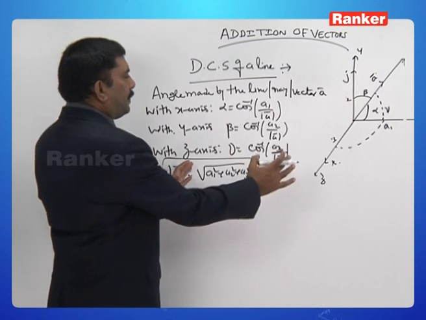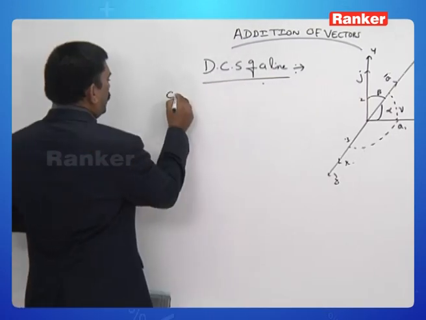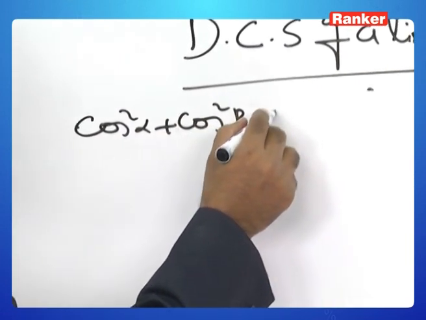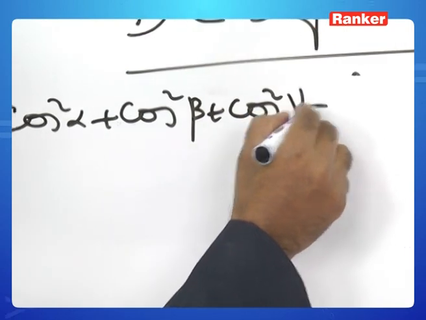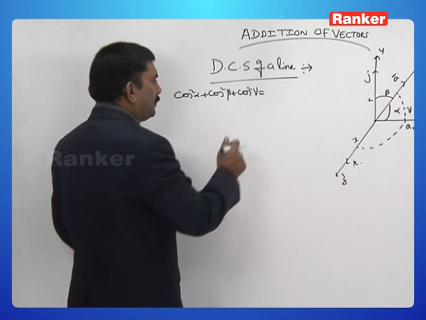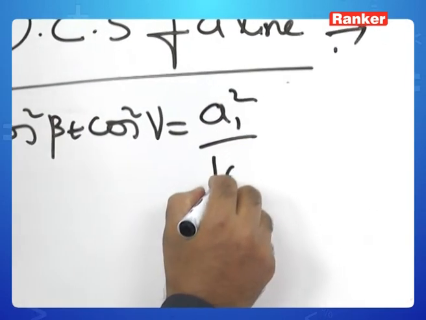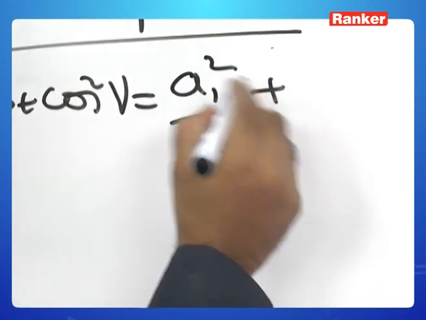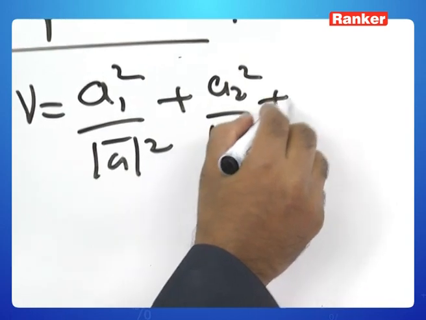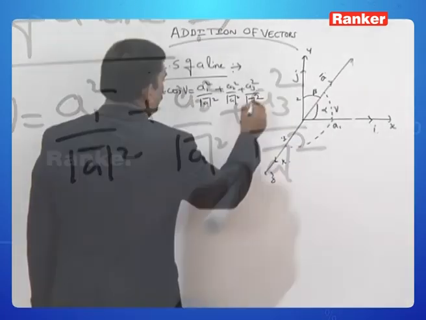Now, from this concept, I want to give another application: cos square alpha, cos square beta, cos square gamma. What is cos square alpha? A1 square by modulus of A bar whole square. Then A2 square by modulus of A bar whole square, and A3 square by modulus of A bar whole square.